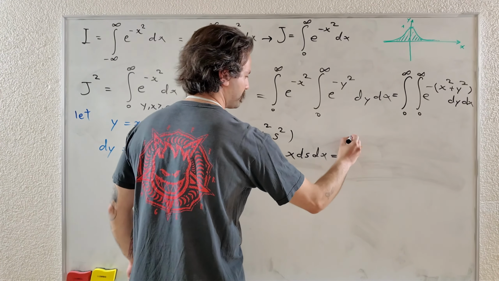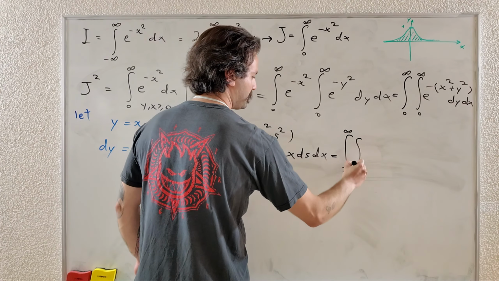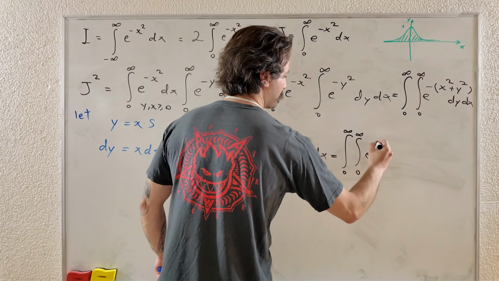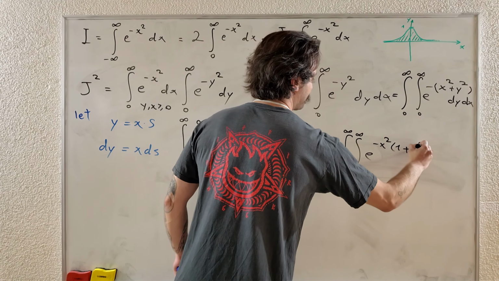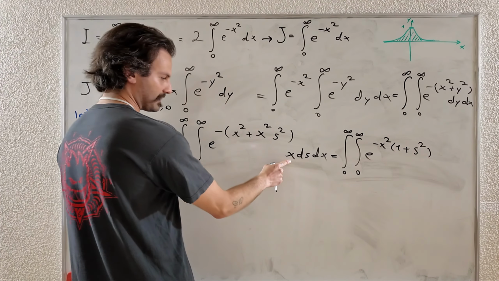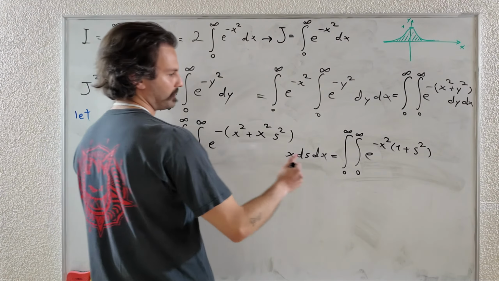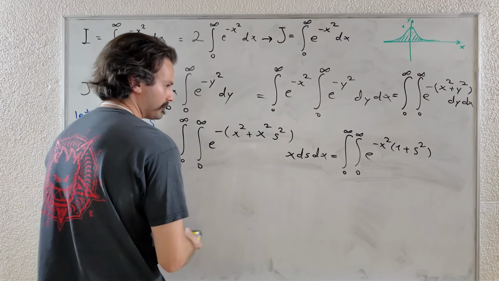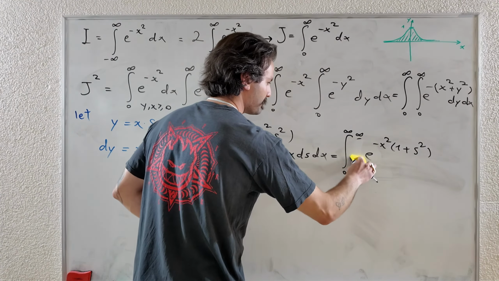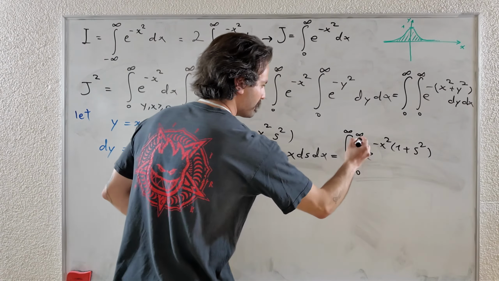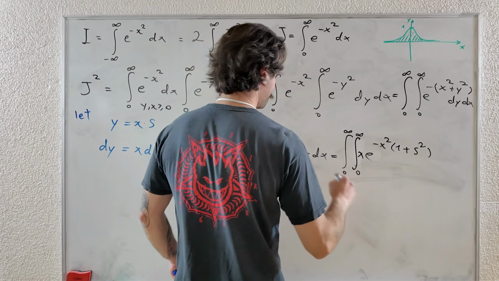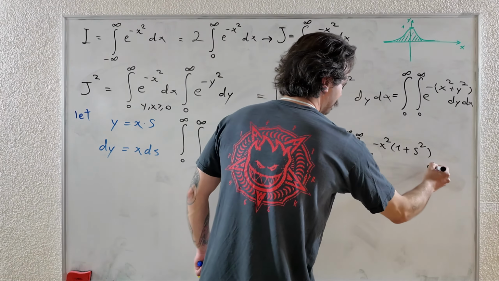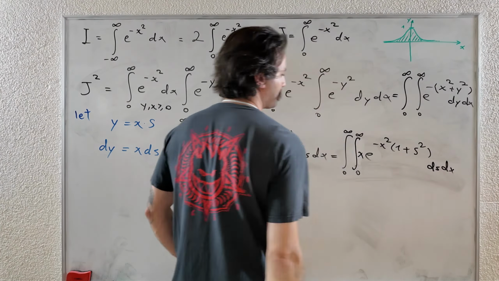So this gives us the integral from 0 to infinity still, e to the power of minus x squared times 1 plus s squared. Let's bring this x to the left side of e. So this gives us x times e to this exponent, and we have ds dx.